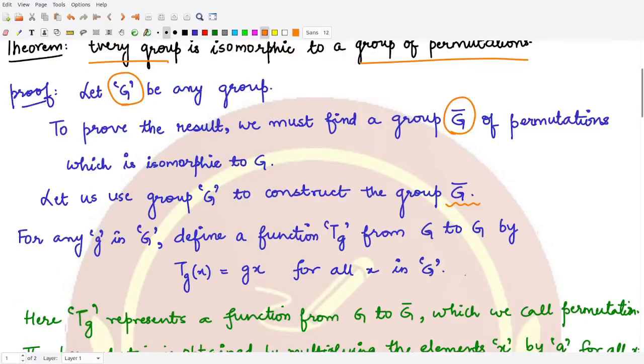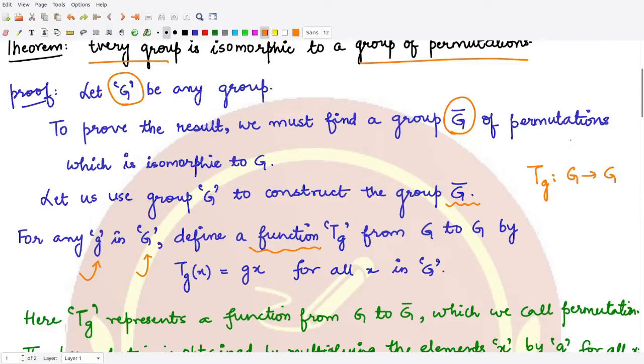For that, we are taking some element, this small g in the group capital G, and we are defining a function for it. We are calling that function capital T subscript small g, which is defined from G to G only.